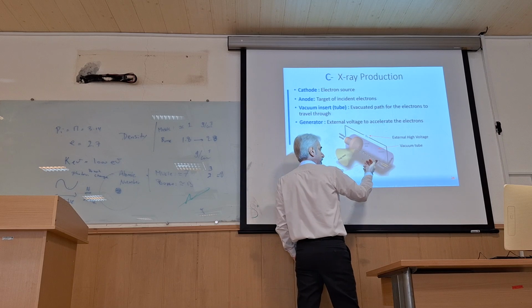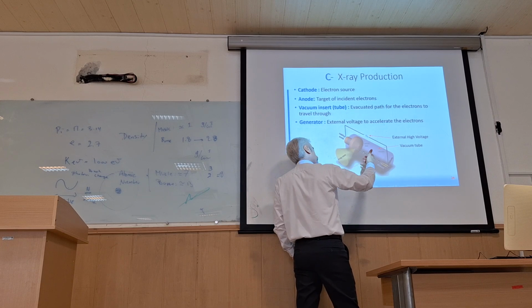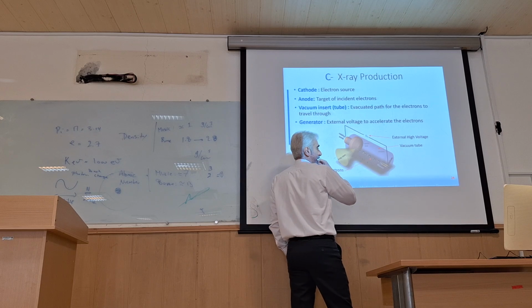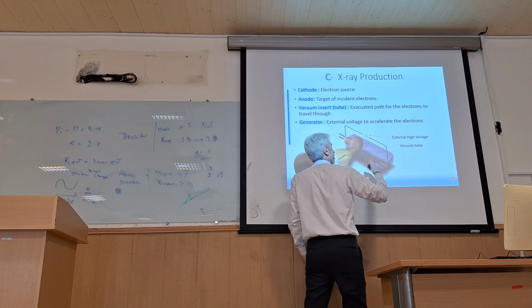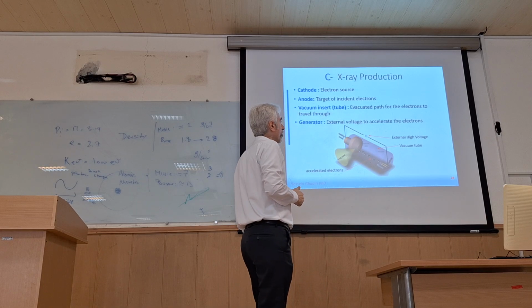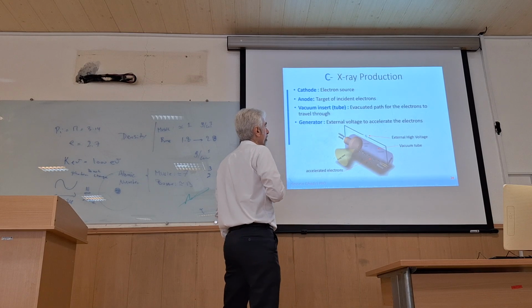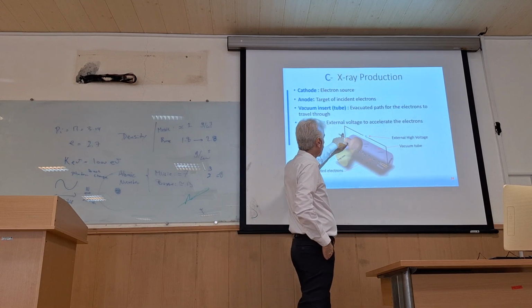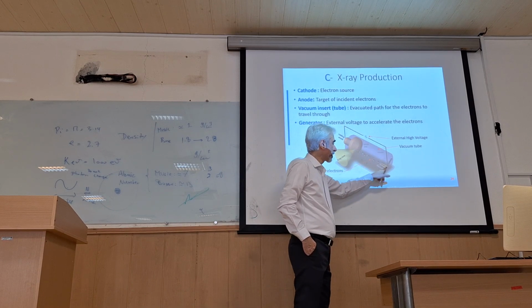If it was not a vacuum, there may be some particles, some dust, and the way of electrons is not free and clean for movement. And a generator which applies a high voltage.